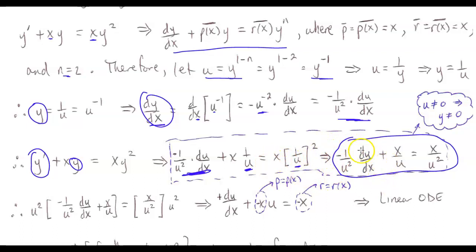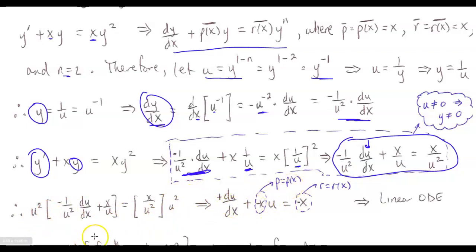Now, from this point, we know that this particular equation is going to be a first order linear ODE. It's just that it's not looking like it yet because we don't have this du over dx by itself. So to do that, we're going to multiply both sides of this equation by negative u squared, or just u squared rather here. But actually I did negative u squared.